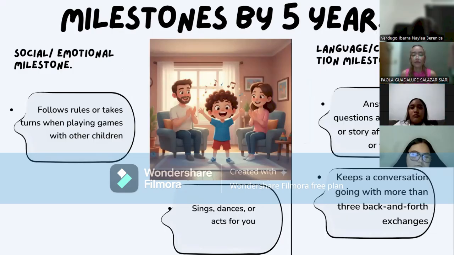Milestones by 5 years. Social and emotional milestone: follows rules or takes turns when playing games with other children; sings, dances, or acts for you. In language and communication: answers simple questions about a book or story after you read or tell it to him, and keeps a conversation going with more than three back-and-forth exchanges.